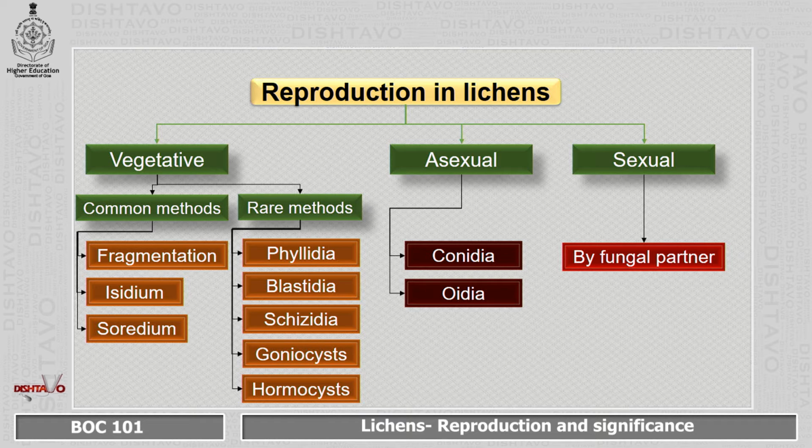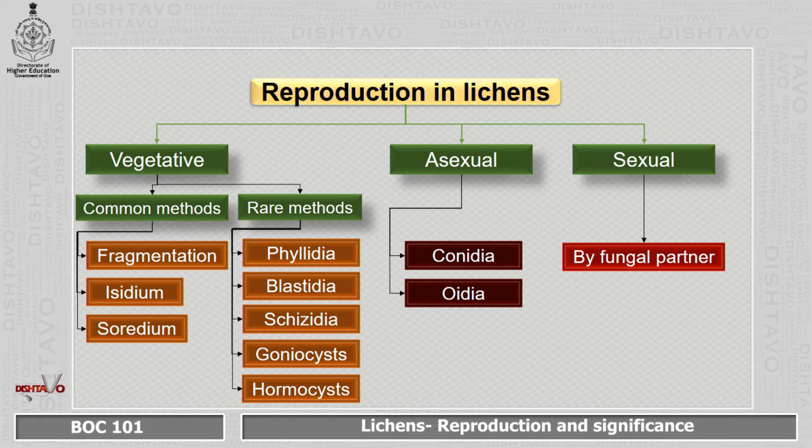In vegetative mode, you may have some of the common methods and some rare methods of reproduction. The common methods involve fragmentation, formation of isidium or soredium. The rare methods involve formation of phyllidia, blastidia, syzygia, goniocysts and hormocysts.